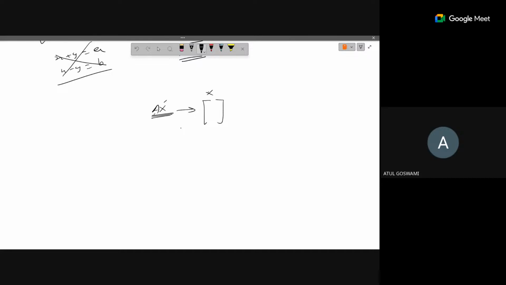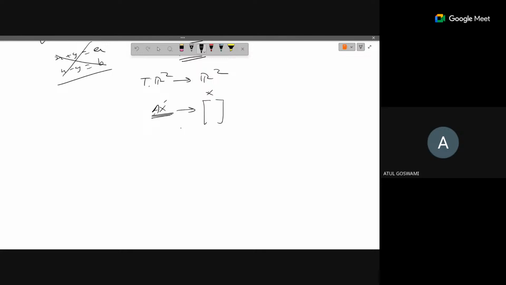Are you getting my point, what I'm saying? You're multiplying the identity matrix to some vector, so you will get the same vector again. R2 to R2. And we have the identity matrix as the linear transformation matrix with respect to the standard ordered basis for the domain and codomain. So what is the identity matrix?